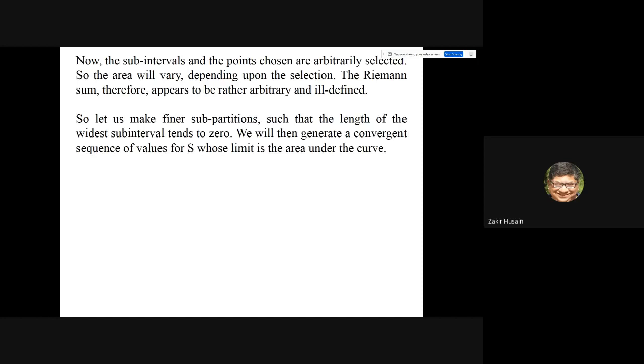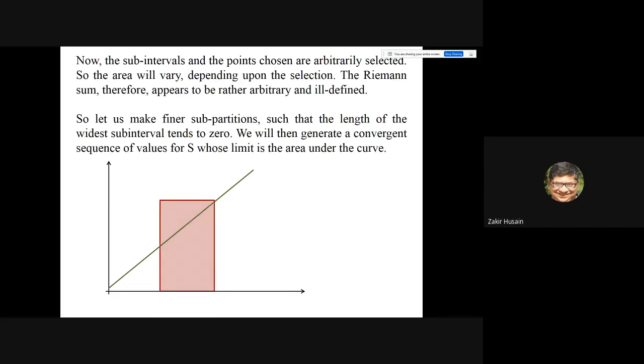Okay. So let us make very fine subpartitions such that, in the extreme case, the length of the subinterval tends to 0. So we are taking these two as a subinterval. This is the interval, and we can see it's not a very good estimate, whatever omega we take.